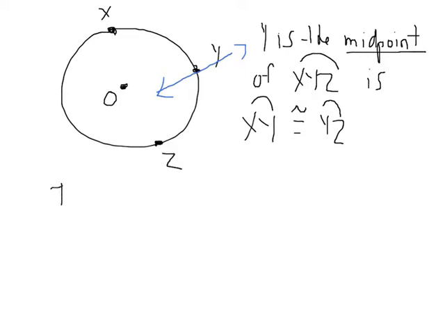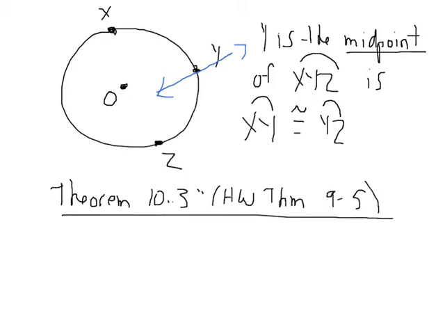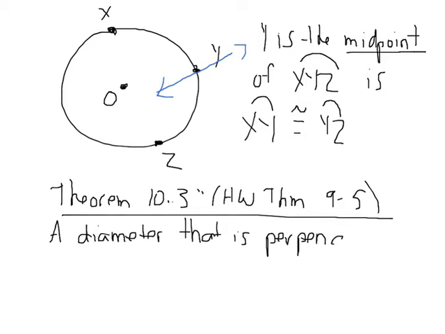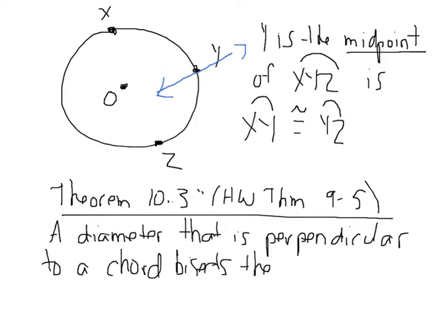That leads us to theorem 10.3, which is homework theorem 9-5, which states that a diameter that is perpendicular to a chord bisects the chord and its arc.